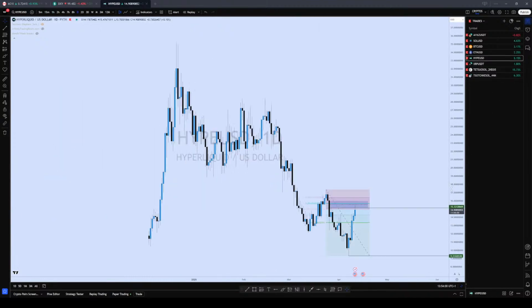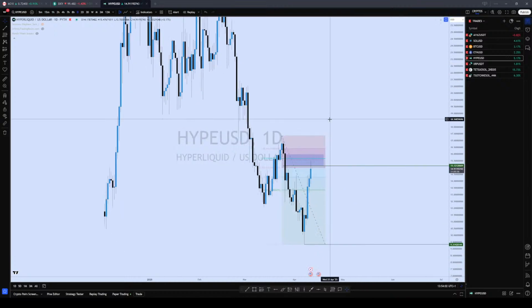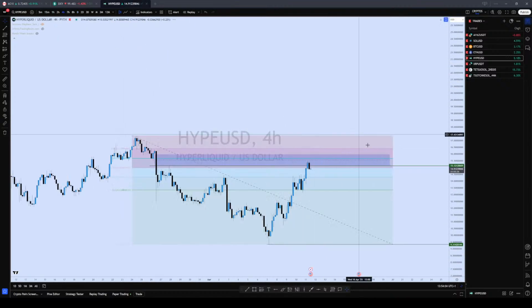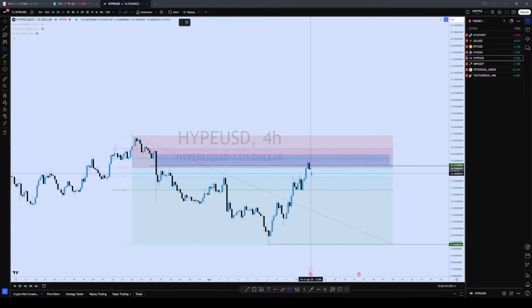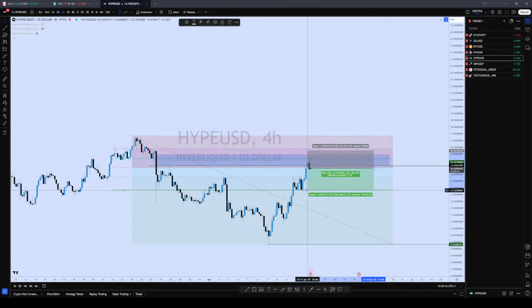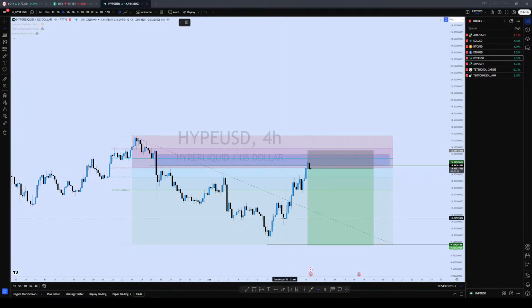For today, I think HYPE is looking hot for a movement down. So I'll bet on HYPE. Not even just today, but probably for the rest of the week. My stop goes there, and I'll be targeting somewhere down here with a partial profit somewhere here.